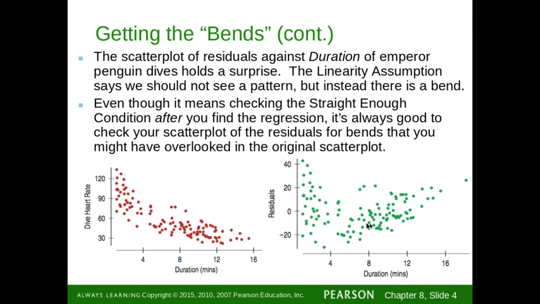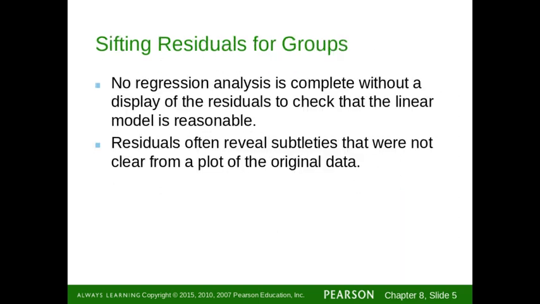And then when we look at the residuals, there's a pattern that seems to emerge, okay? So no regression analysis is complete without a display of the residuals to check that the linear model is reasonable. Residuals often reveal subtleties that would not be clear from the original data point.